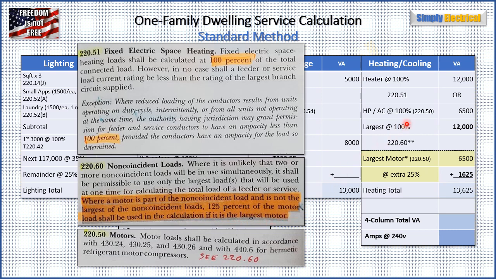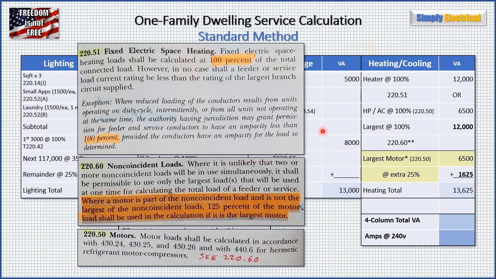So what it's saying is, if our heat pump is the largest motor in the dwelling, which it would be in this case, then this is going to apply. And we would have to take 125% of this value, 6,500, and add it to the 12,000 for our heating total. And that is way far afield from where we've been before in the code.